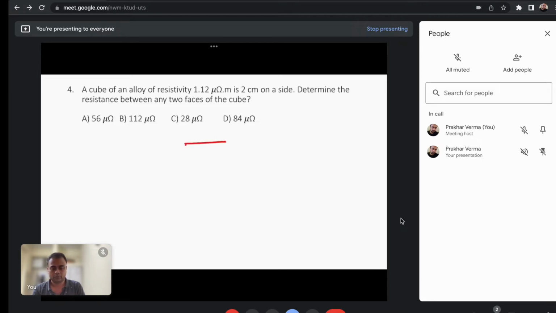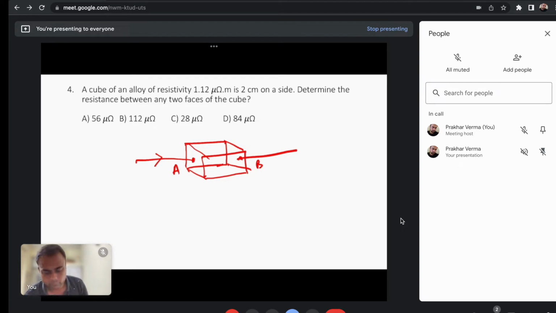Suppose this is a cube, and across this cube we need to find the resistance between the two ends. Suppose this is point A and this is point B, so we need to find the resistance.